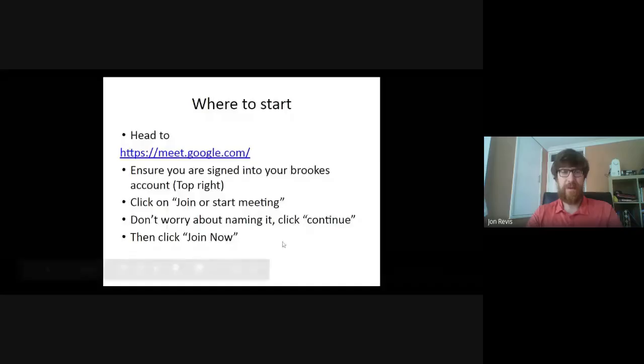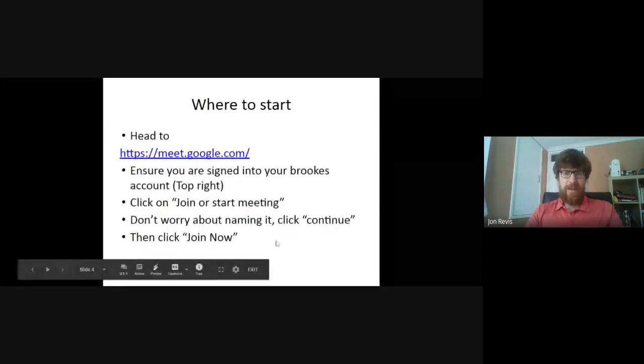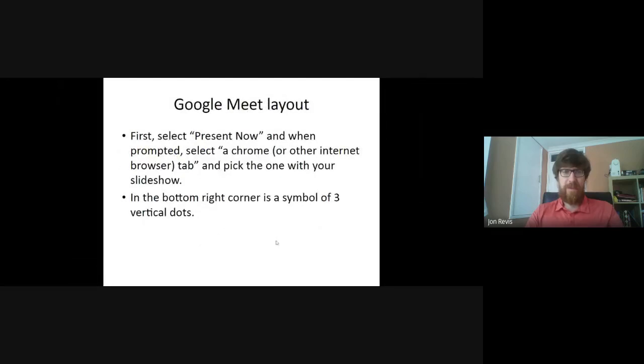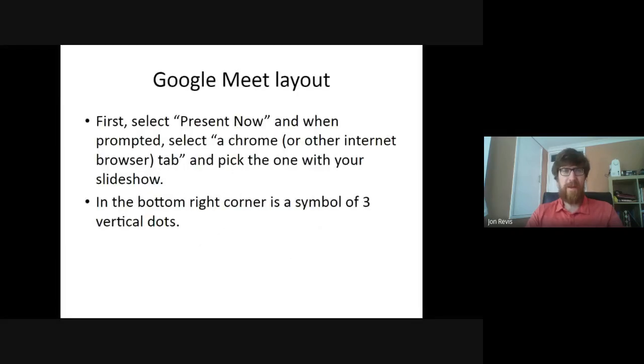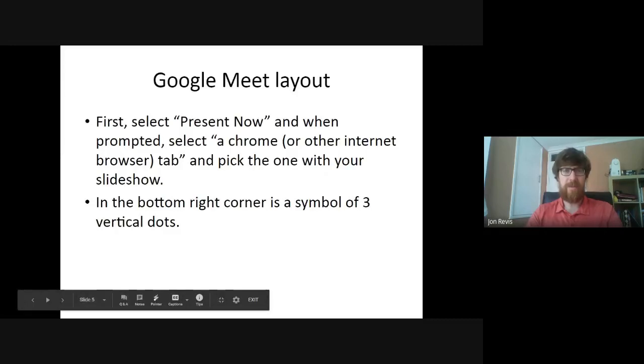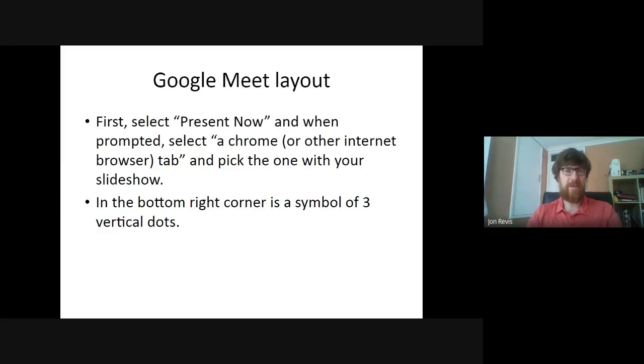Okay, and let's go back to our slide so we can see where we are. So we've done that. Okay, the next thing you need to do. At this point, you just need to reopen that Meet window so you can see what that looks like.